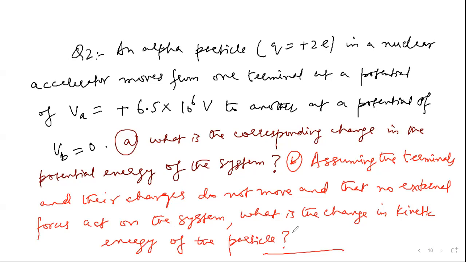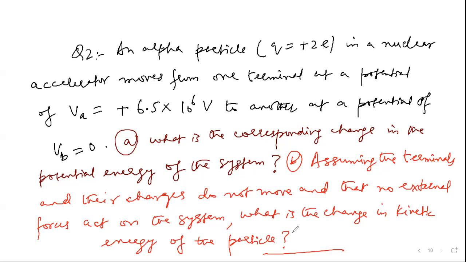I repeat the question. An alpha particle which has a charge of Q equal plus 2e, where you know e is the charge on proton, 1.602 into 10 raised to minus 19 coulomb, in a nuclear accelerator moves from one terminal at a potential of VA equal to plus 6.5 into 10 raised to 6 volt to another at a potential of VB equal to 0.